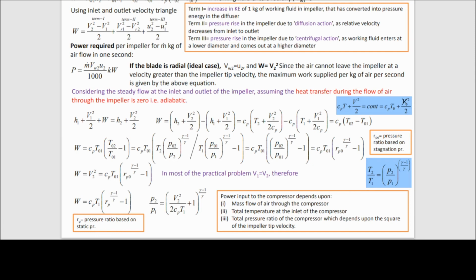Using some tricks you have to remember, please don't make a mistake like this. So T02 by T1 is equal to P02 by P1 to the power gamma minus 1 by gamma.